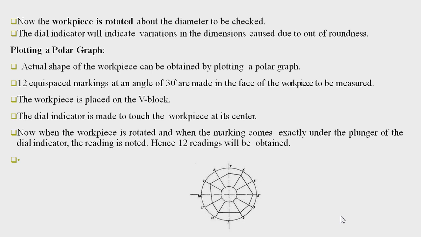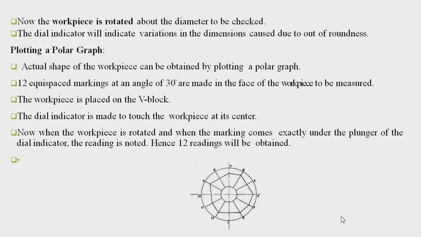Now there is another method using the same V-block and dial indicator. It is plotting a polar graph. What we want is the actual shape of the workpiece, which can be obtained by plotting a polar graph. Now 12 equispaced markings at an angle of 30 degrees are made on the face of the workpiece to be measured.